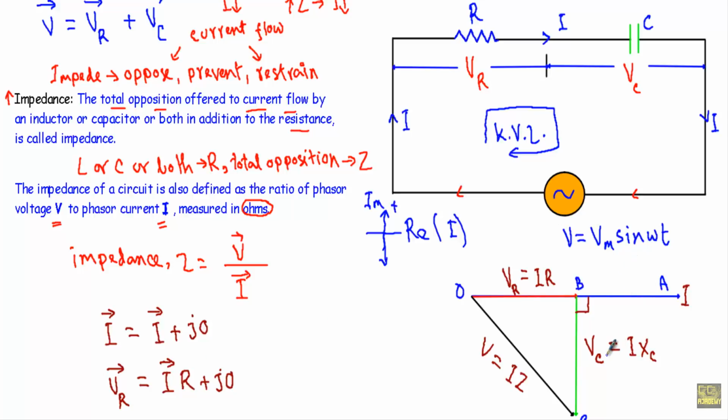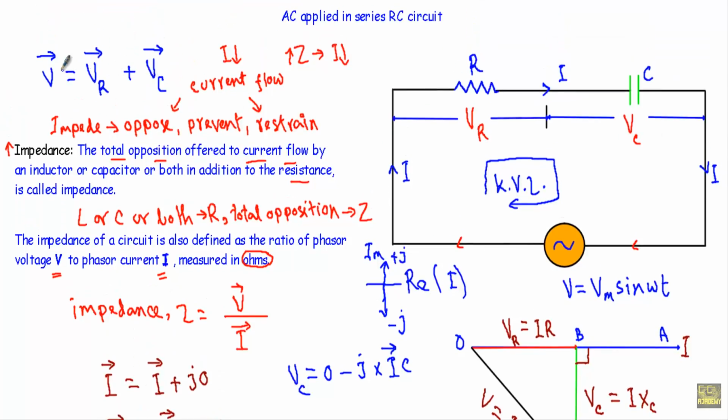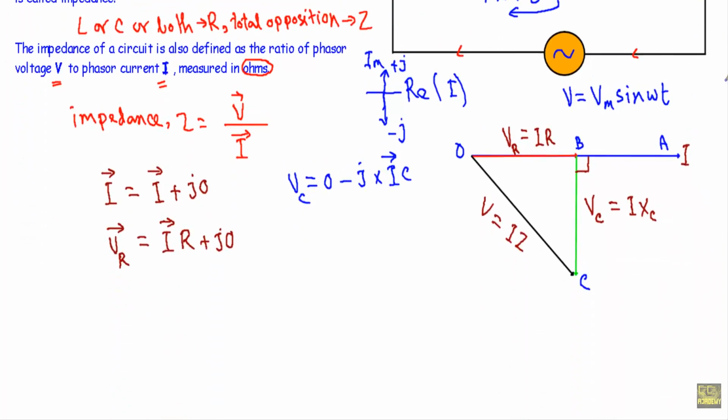Now look at this VC. VC is going in the negative j axis, therefore it will not have any real part, rather it will have a negative imaginary component: minus j into phasor current I into XC. If in the circuit we apply KVL in phasor domain, we get V vector equal to VR plus VC.